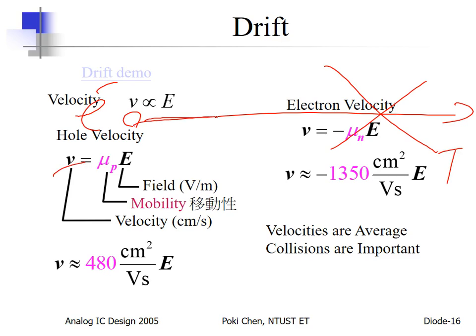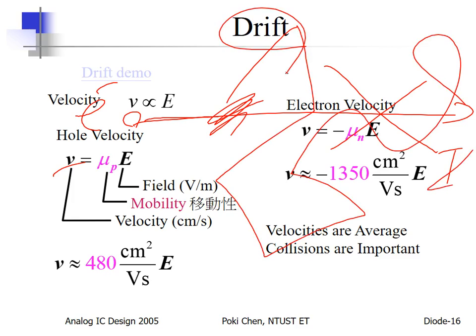It collides with the crystal, bang, bang, bang. That is the so-called drift. It won't go smoothly all the way from left to right; during the process it will be scattered, but gradually it will move from left to right. On average, correct. That is the definition of drift.